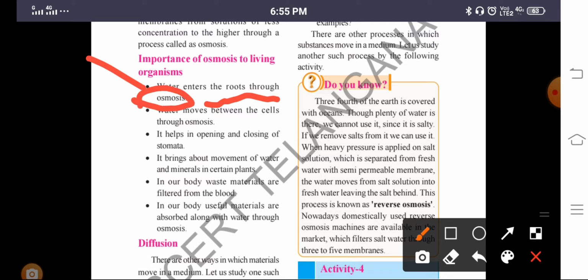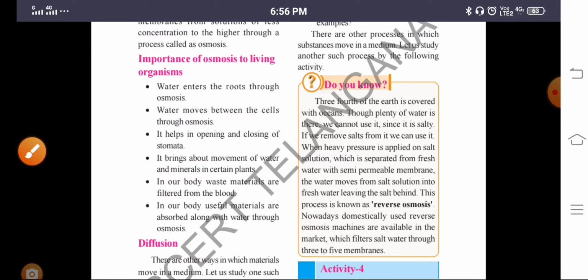By which process? It is most important. Whoever asks the question, how can plants absorb water, the answer is by the roots and other parts, but the process is osmosis. This is the first point regarding osmosis.